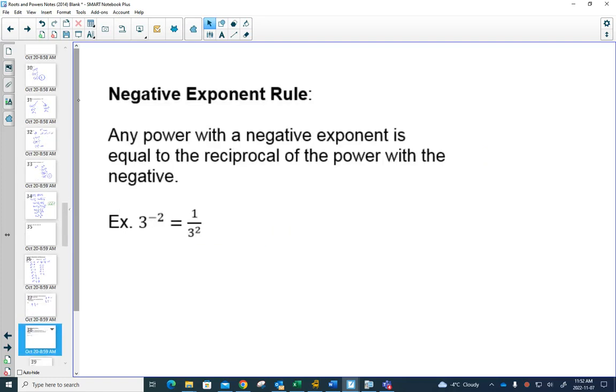That gets us to our negative exponent rule.